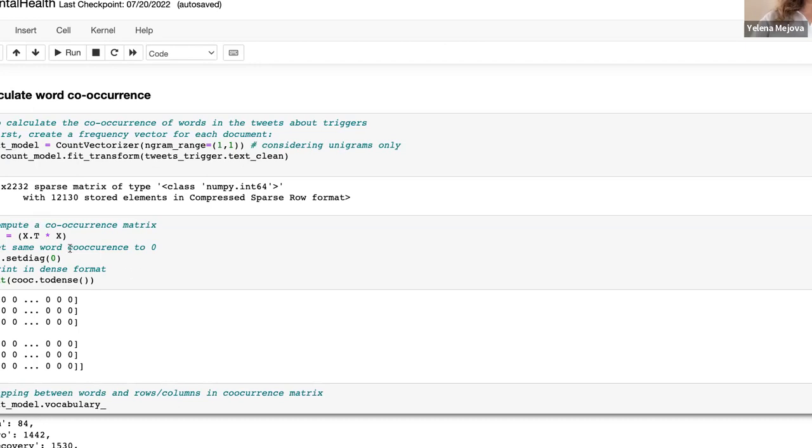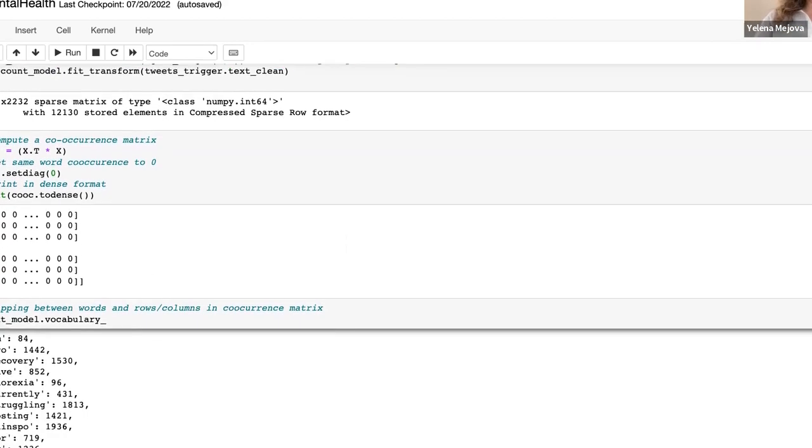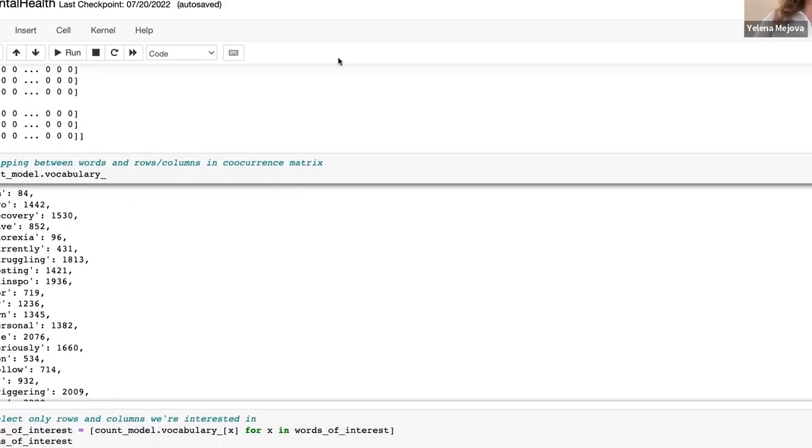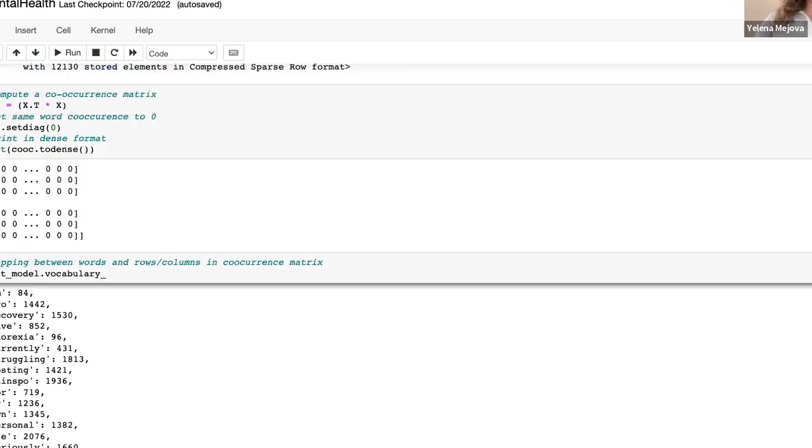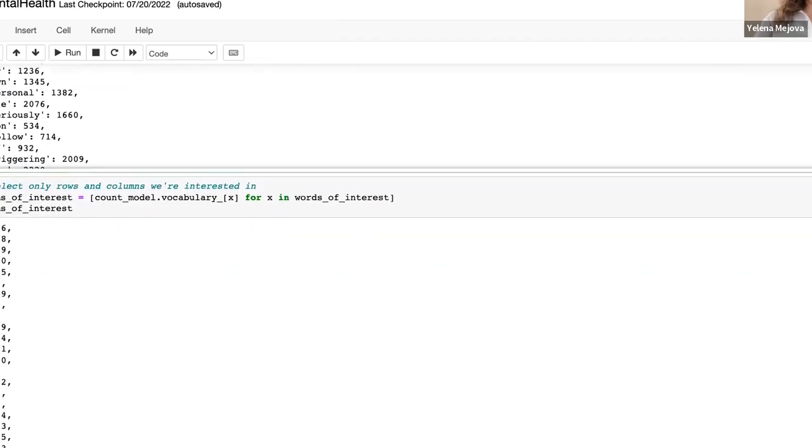So here we basically multiply it onto itself, and we get a co-occurrence table. If in this tweet and in that tweet they co-occur, then there's an entry for them. Here we just have arrays that don't have any words associated with them, but the vocabulary is in our model, so we can go back to it.